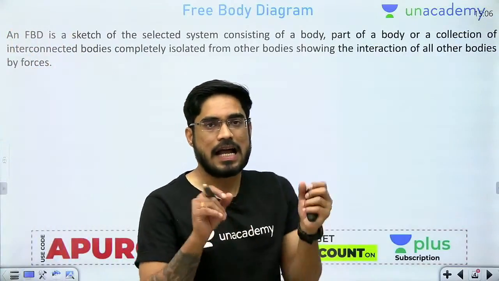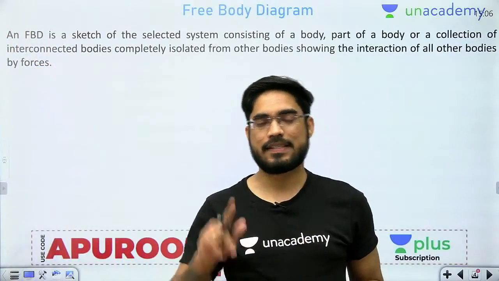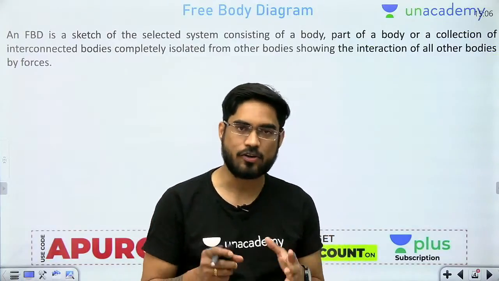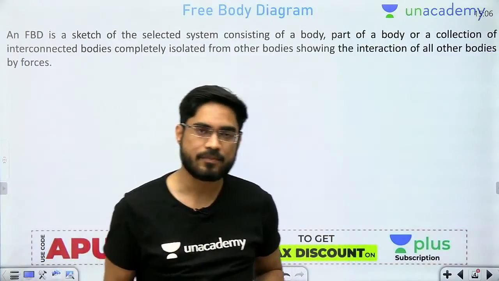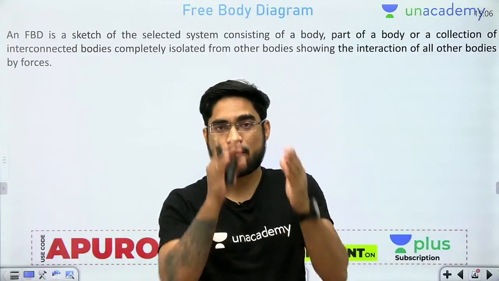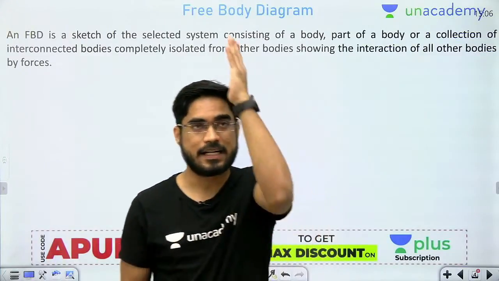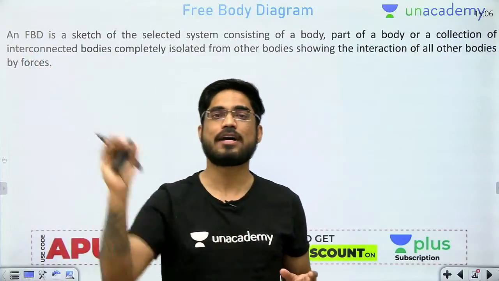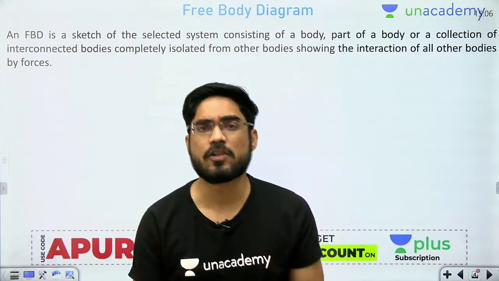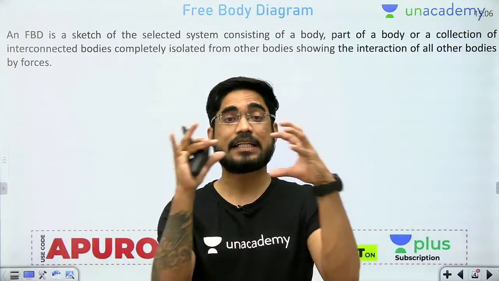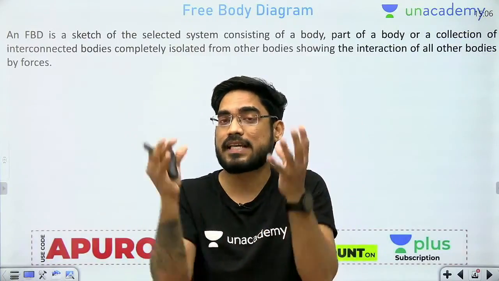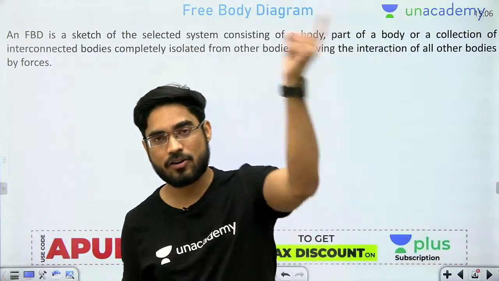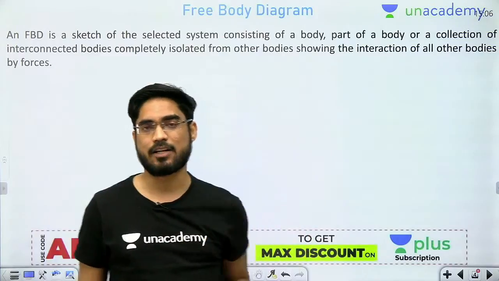Understand बेटा, आप free body diagram किसी एक body का भी बना सकते हो. You can draw free body diagram of a single body. Or you can draw the free body diagram of part of that body. I can divide that body into two parts and I can draw the FBD of part of the body. Or you can also draw FBD of interconnected bodies. 2-3 bodies are connected together. So I can draw the FBD of these interconnected bodies.